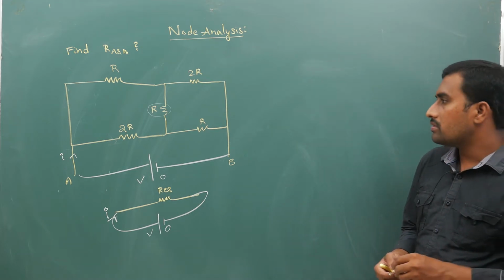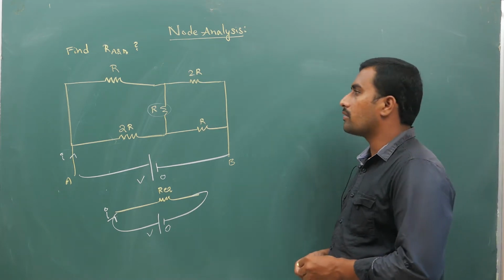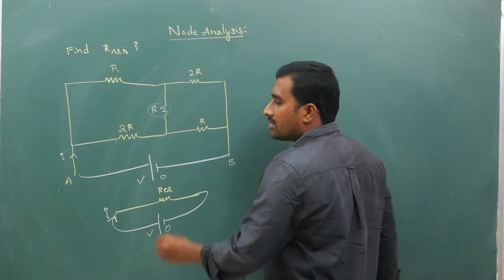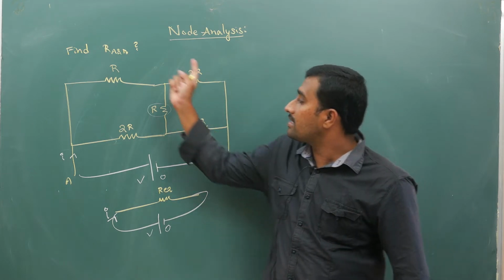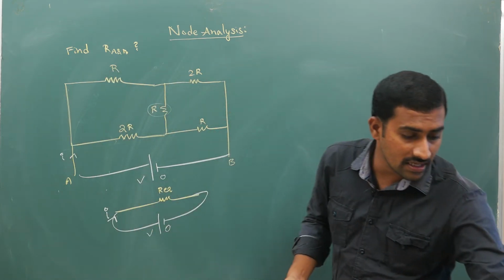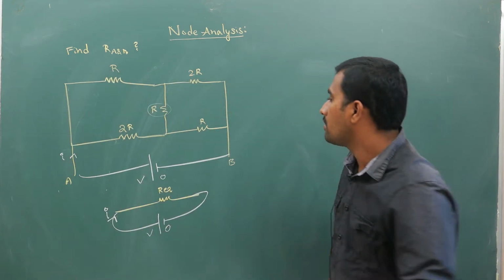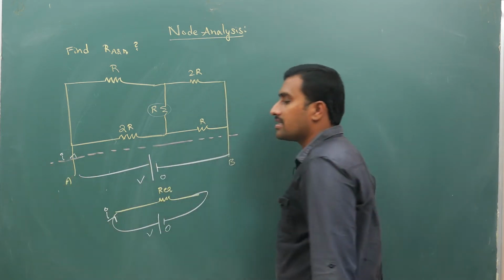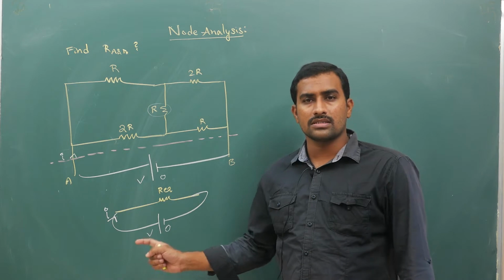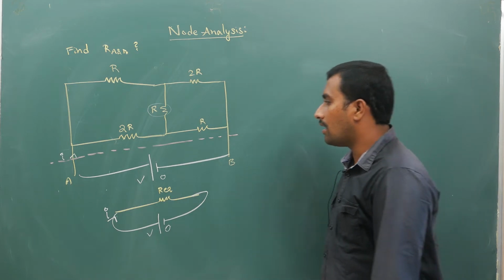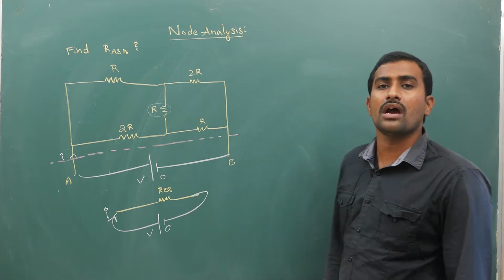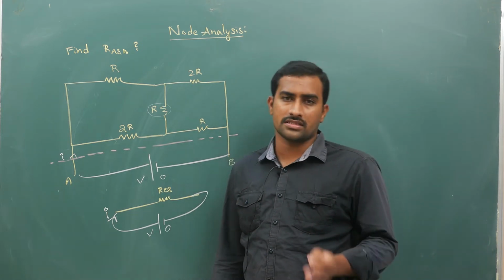In this method, what is your equivalent resistance? This entire circuit draws some current, and this R equivalent must draw the same amount of current. The first thing we are going to do is mark the potentials.